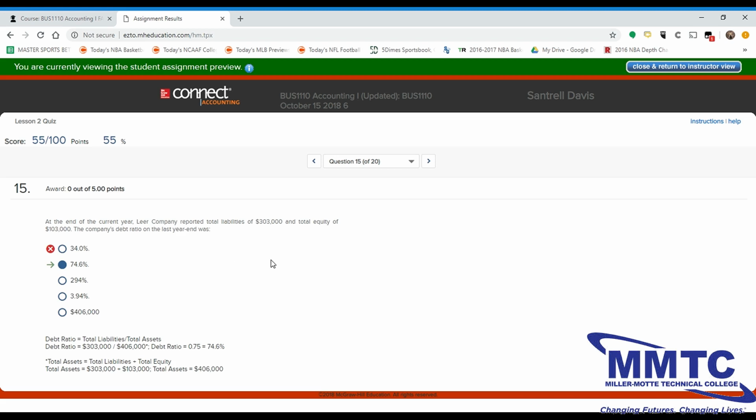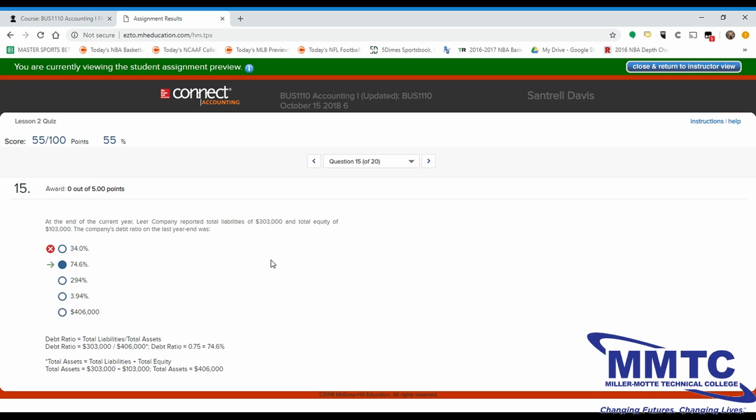Total equity is $103,000. The company's debt ratio on the last year end was... So the debt ratio is what? Total liabilities divided by total assets.